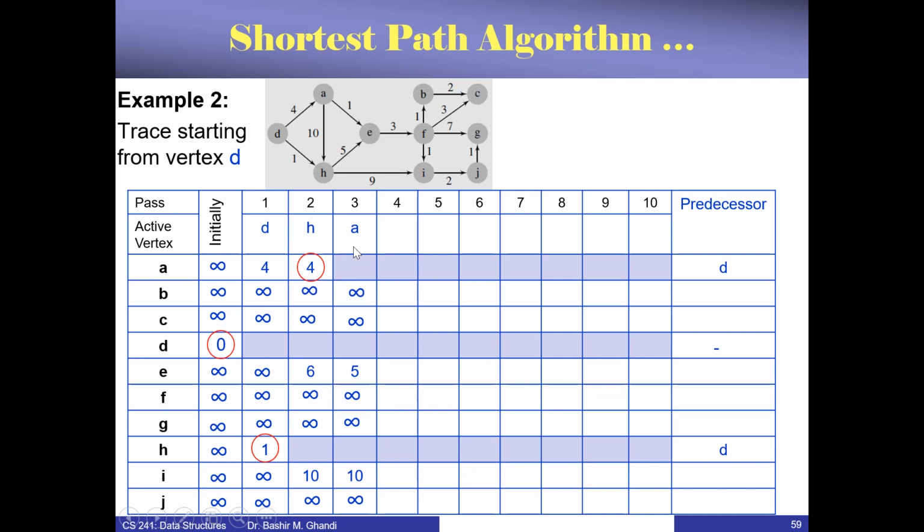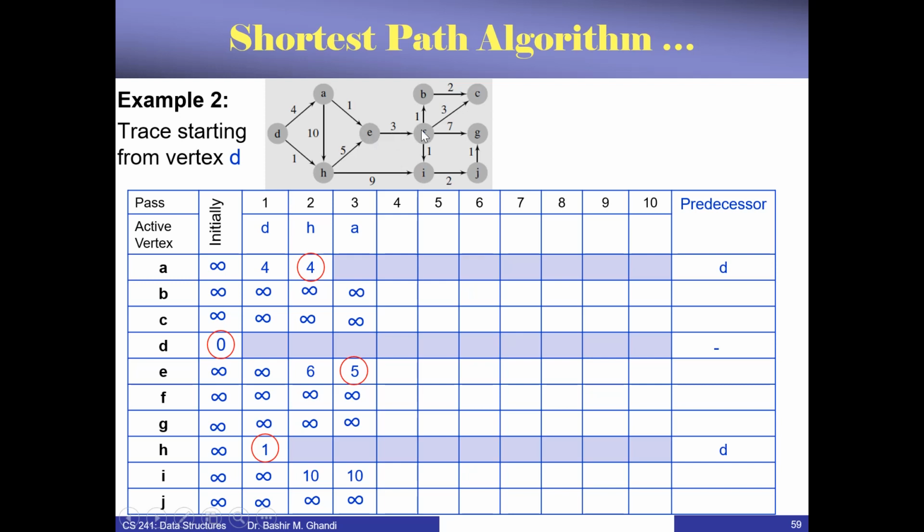Now repeat the process. Among these values, which is the smallest? The smallest is 5. So we're going to finalize. The cost of reaching E is never going to be less than 5. So we finalize this row. The predecessor is A. That's where we got the 5. And then we're going to position ourselves at E. If you are at E, where can you reach?